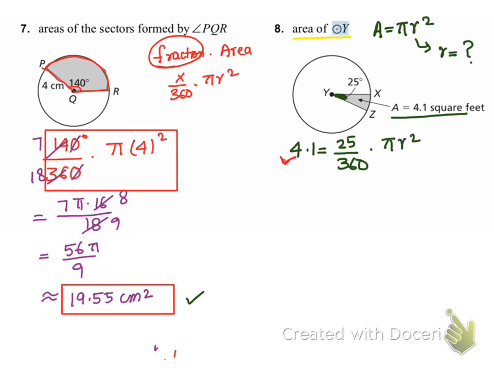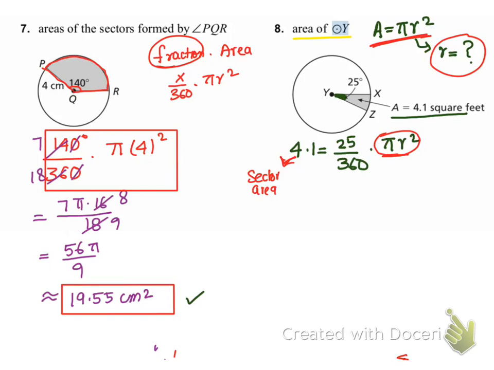So actually if you get confused, that's the sector area formula, and I just substituted on the right hand side. So I just got an equation to solve for pi r square, but then I think about why I should calculate r even when I know the area is pi r square and the area is already here. If I just solve the equation for pi r square, my solution is done.